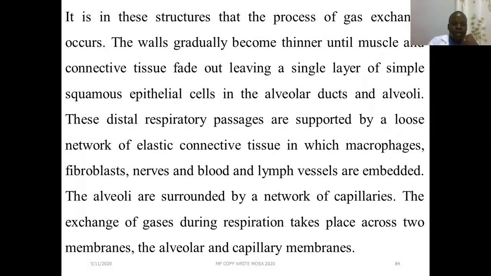So the alveoli are surrounded by a network of capillaries. The exchange of gases during respiration takes place across two membranes, the alveolar and capillary membranes. When we are talking of carbon dioxide and oxygen, this is where it happens.